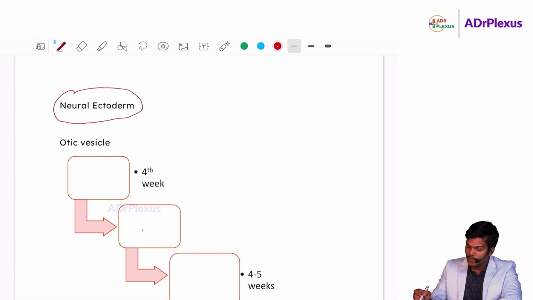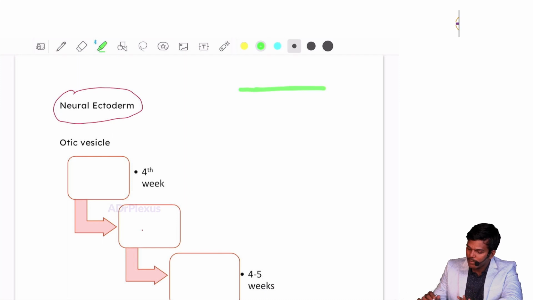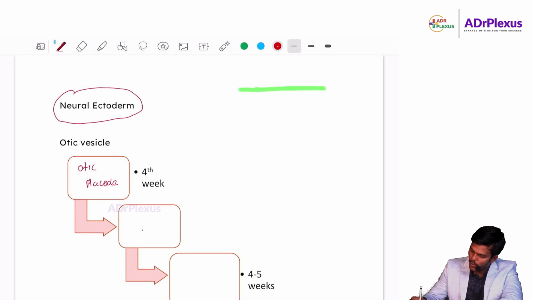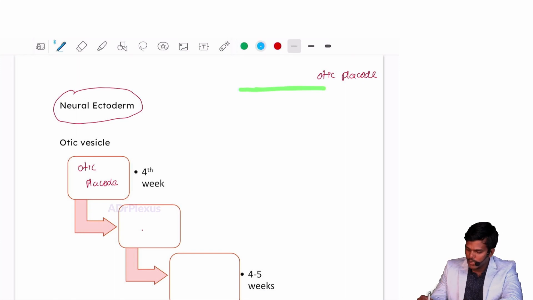The neural ectoderm will start with a mound of neural ectodermal epithelial cells that is called the otic placode. Just below the otic placode there will be formation of the otic pit.